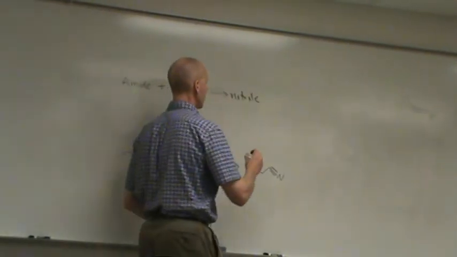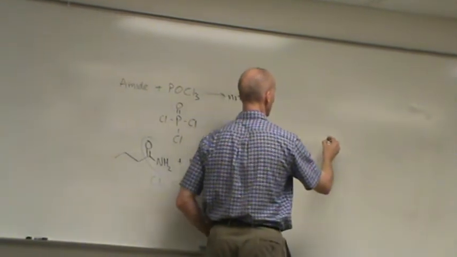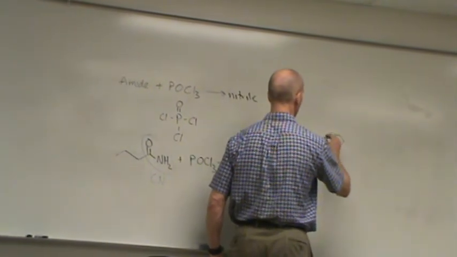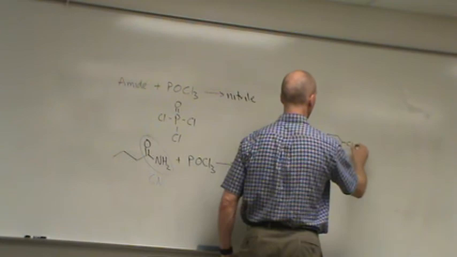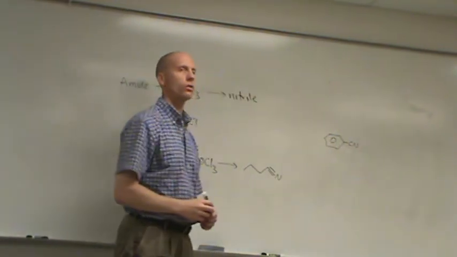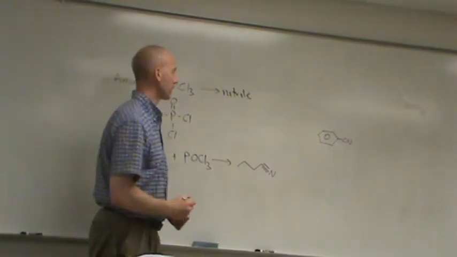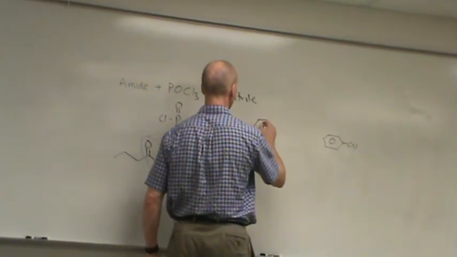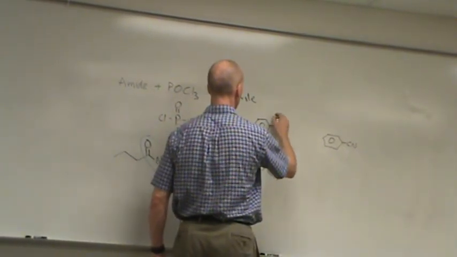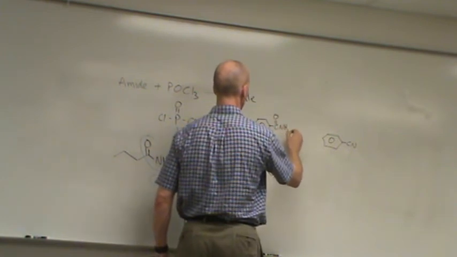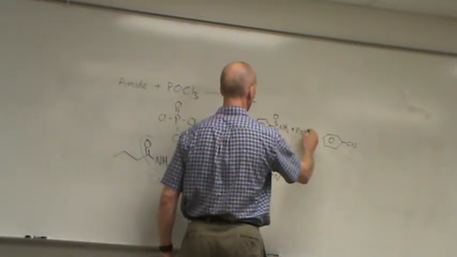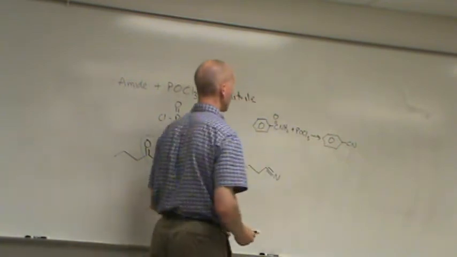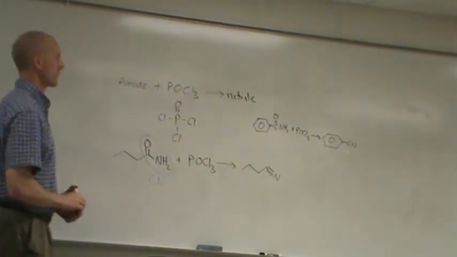So if I wanted to make, for example, benzonitrile, how could I do that? Start with benzamide plus POCl3.